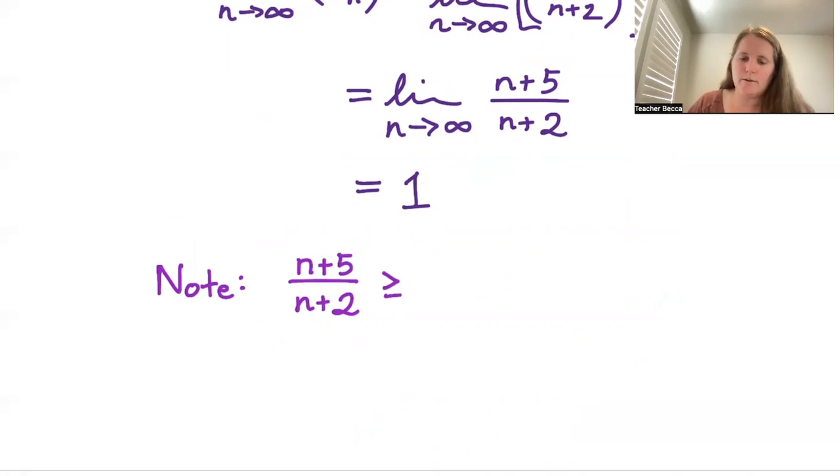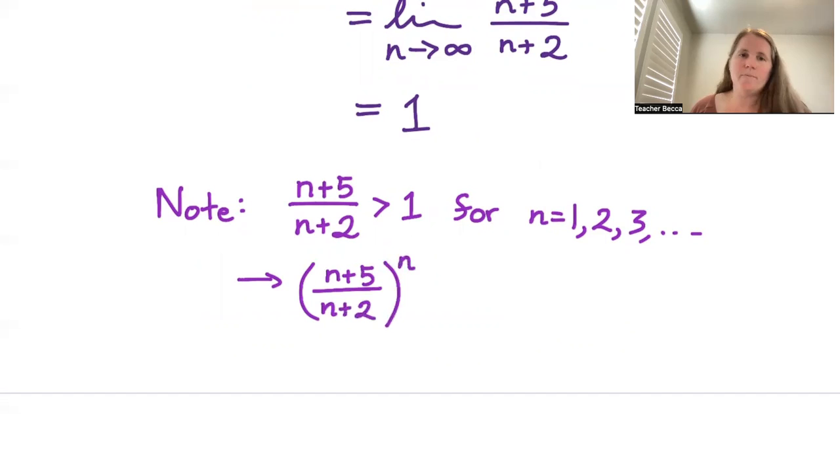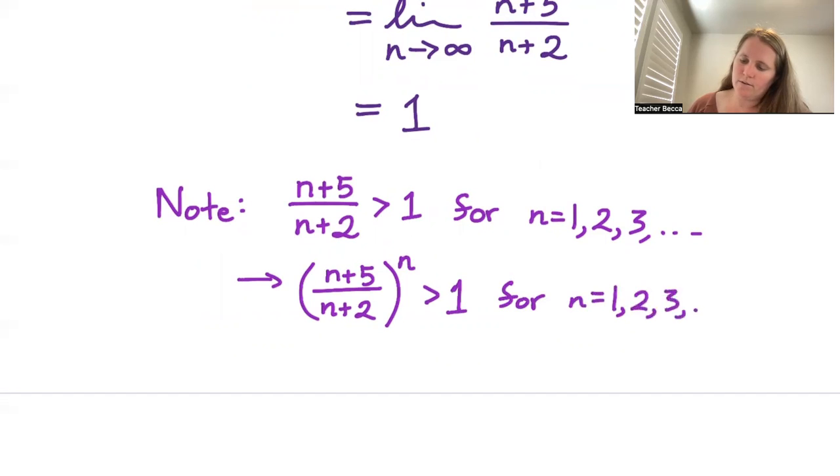In fact, it's just greater than 1 for n equaling 1, 2, 3, etc. So that means that n plus 5 over n plus 2 raised to the nth power will also be greater than 1 for n equaling 1, 2, 3 on forever.